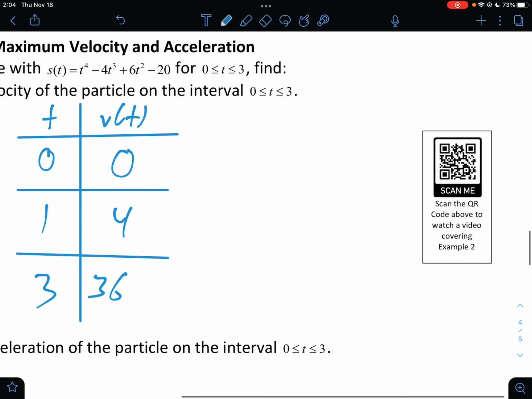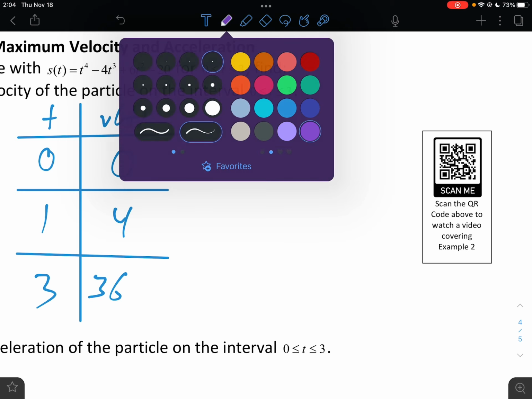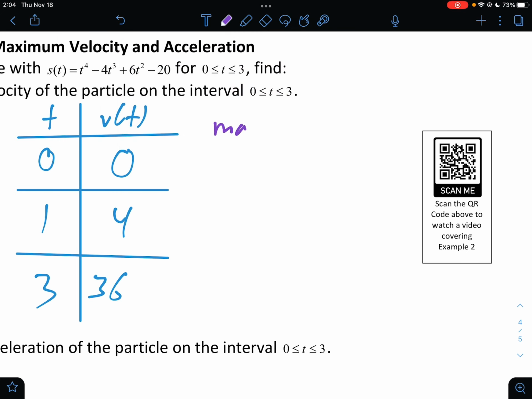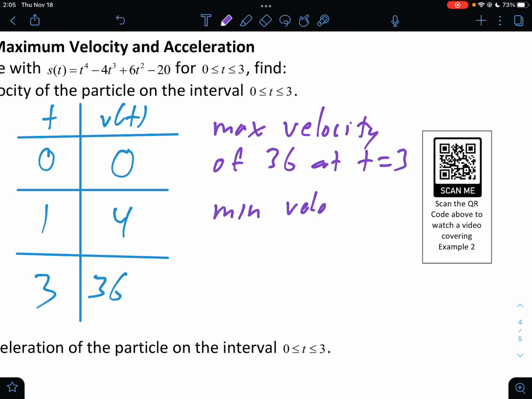Okay? So the particle would have a maximum velocity of 36, and that would occur at t equals 3, and a minimum velocity of 0, and that would occur at t equals 0.